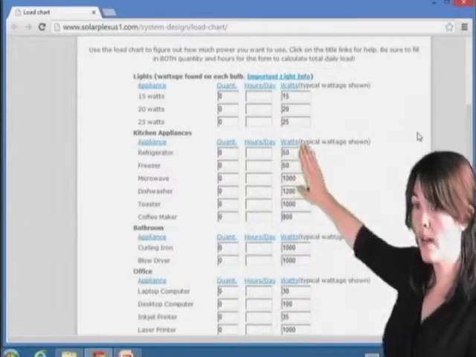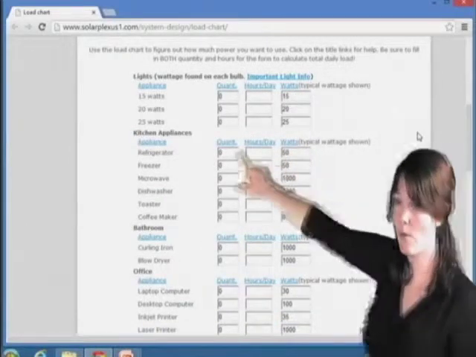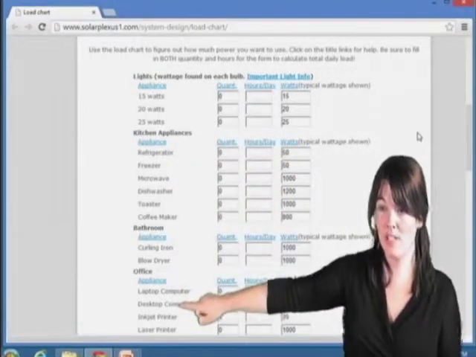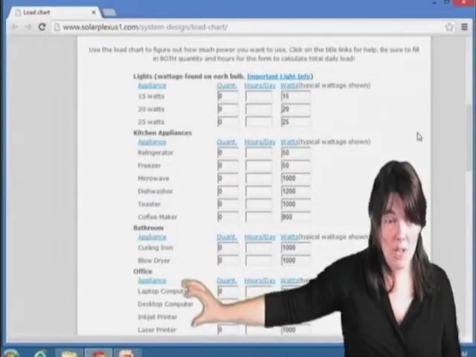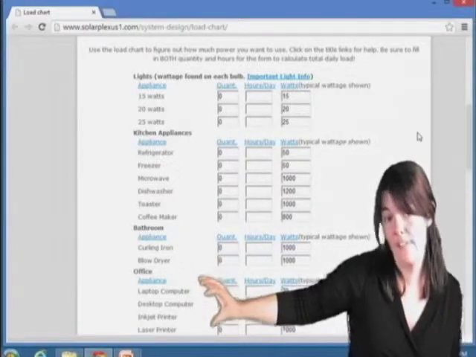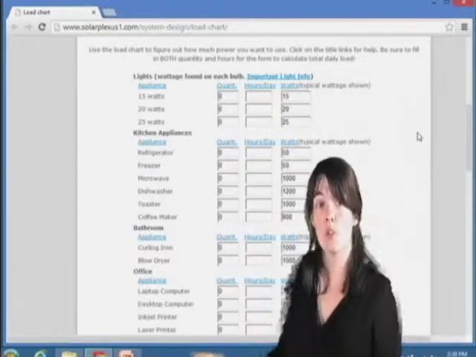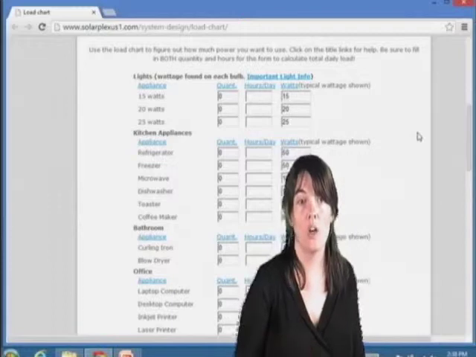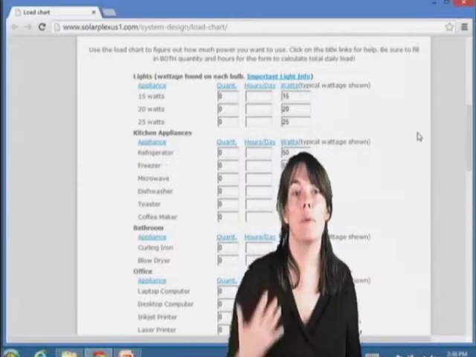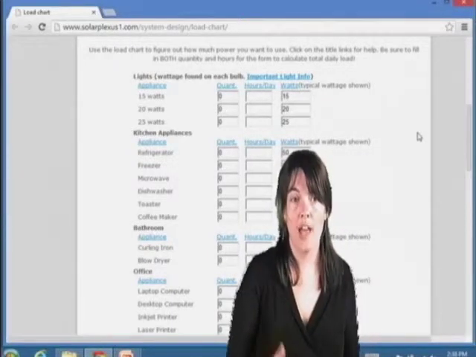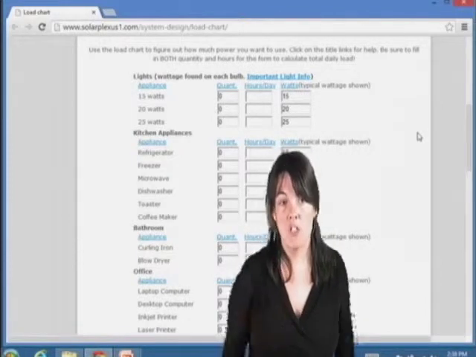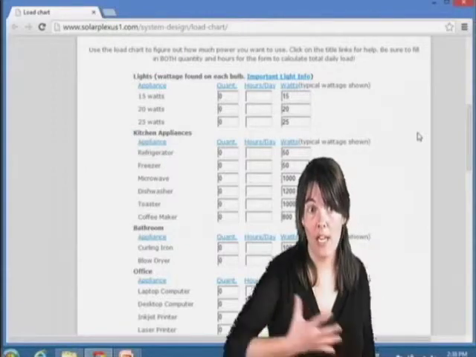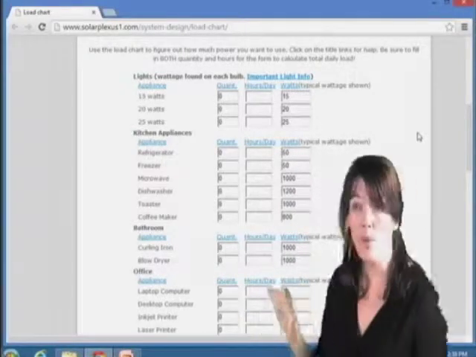What you would do is find out what each of these things uses. Now this is more set for a home as opposed to a school. In a school you're going to have different loads. When I talk about loads, a load is how much something takes from the electricity. So a load of a computer: how much electricity does it take to run that computer? Or how much electricity does it take to cool the school or heat the school, depending on which you're doing? Those are all what we refer to as loads.